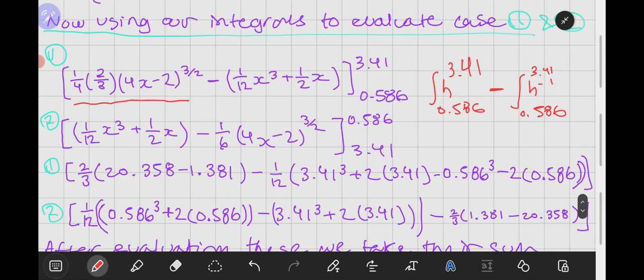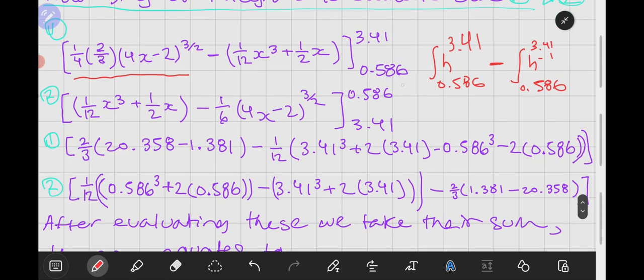So when we evaluate the first scenario at our limits, we get 2 over 3, and this is in the most simplified form, times 20.3581 minus 1.381.